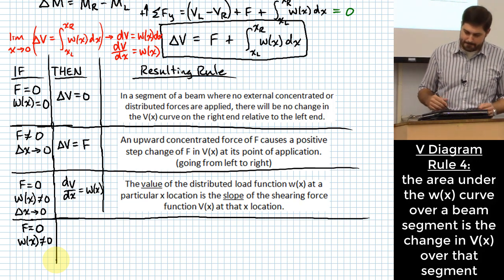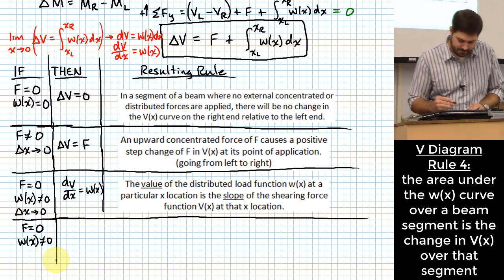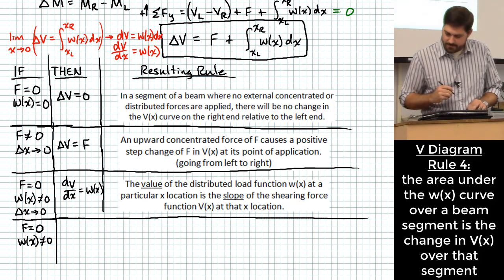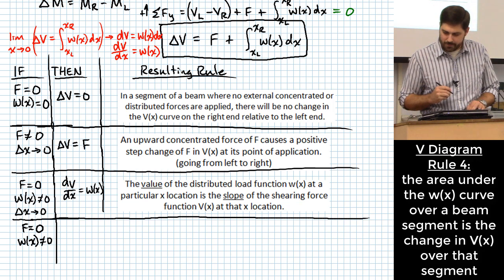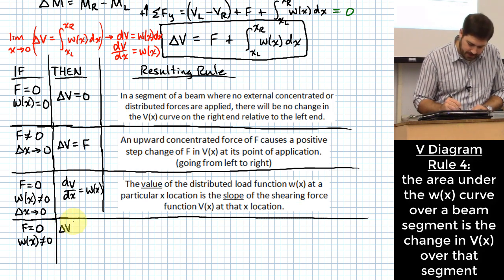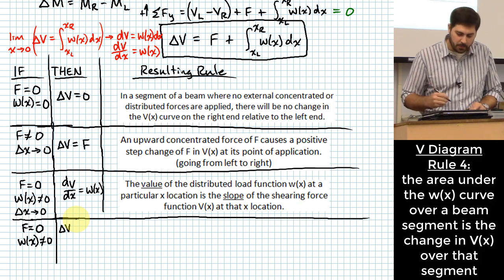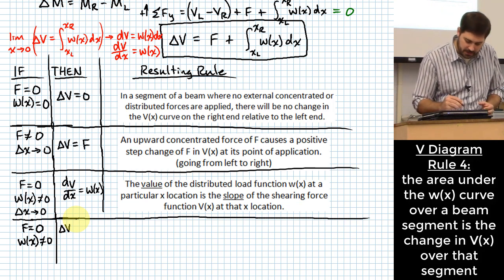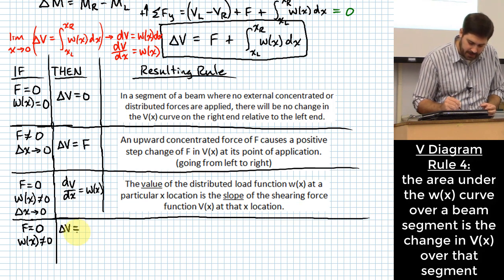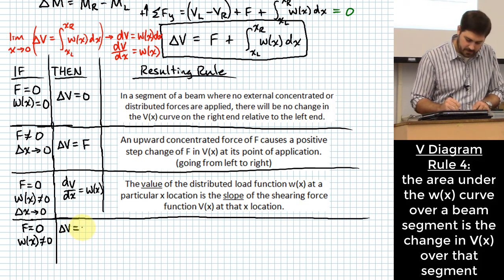Okay? So now what do we have? We're going to have delta v being equal to what? First of all, we define delta v as what? So that's actually what I want to do first. What is delta v? Okay. VR minus VL. And what is this going to be?